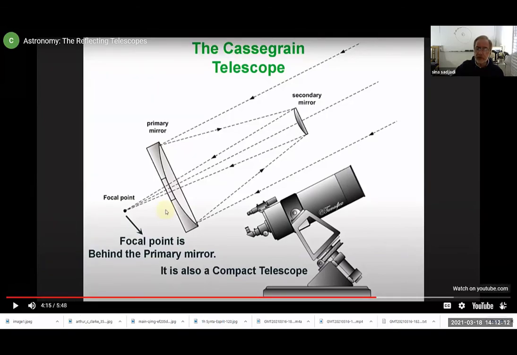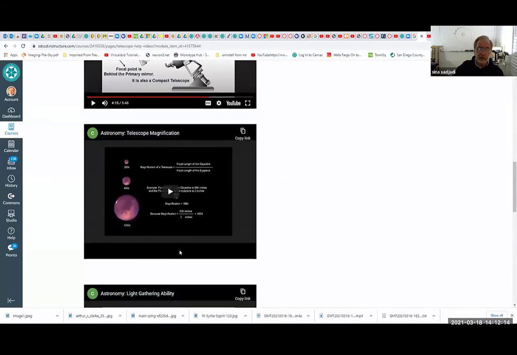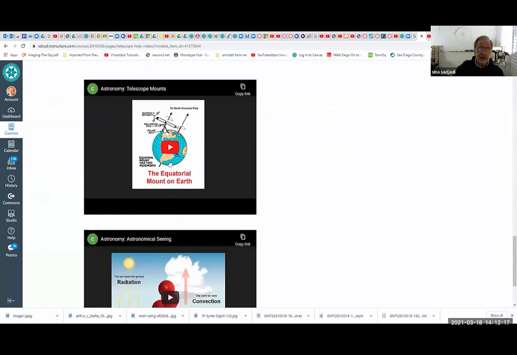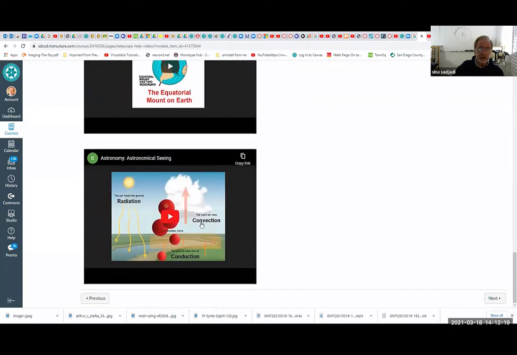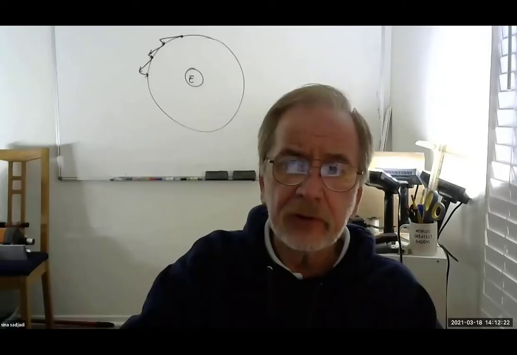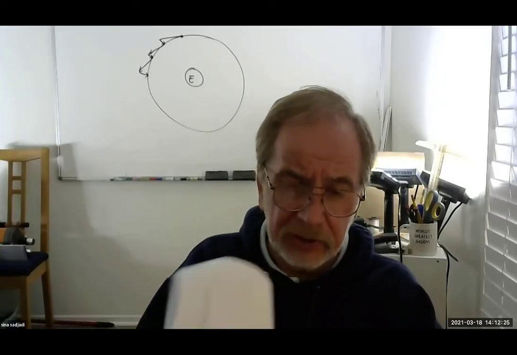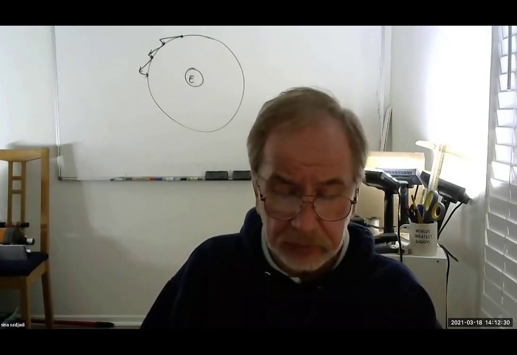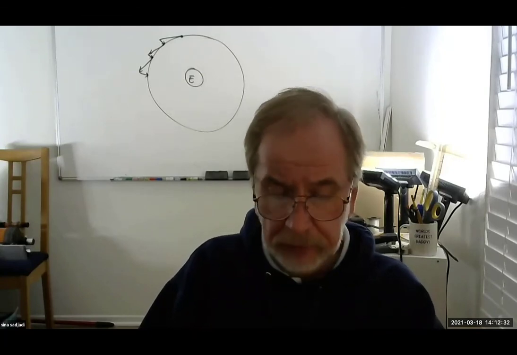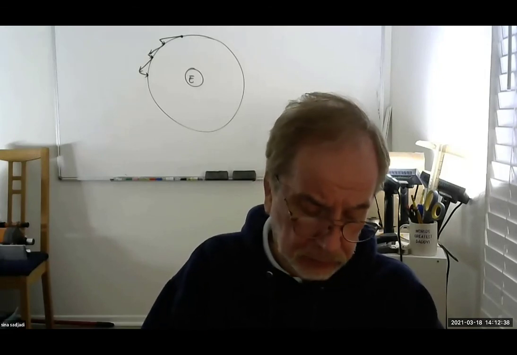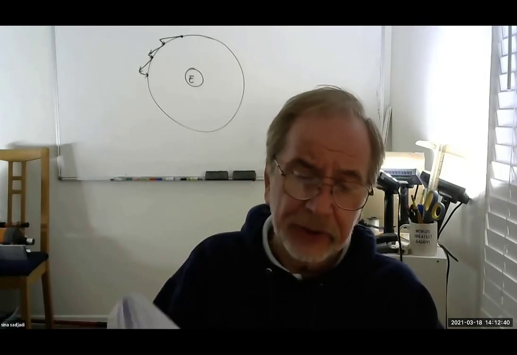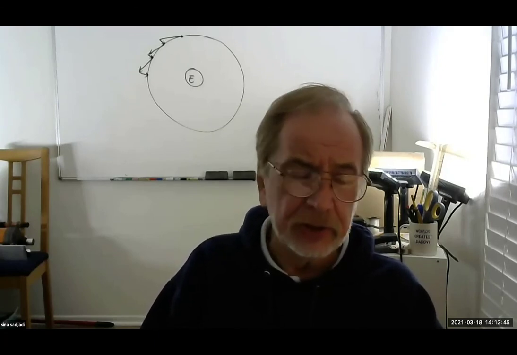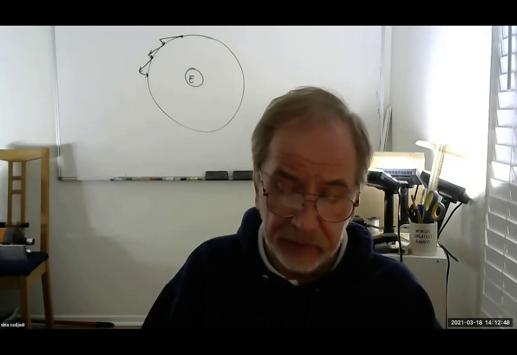Okay, I also made you one on seeing and also on mounts. So it tells you what seeing is and all that. There'll be a question on Cassegrain telescopes. There'll be a question on light gathering, so if you have a 5-inch and a 10-inch telescope, how much more light you can collect, that kind of question.